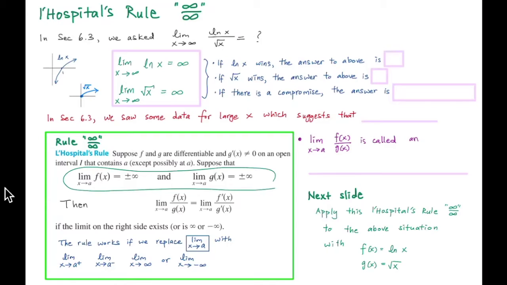And again, if natural log wins, the answer to this question is infinity. If square root wins, the answer is 0. And if there's a compromise, the answer would be in between. So it would be a positive number.